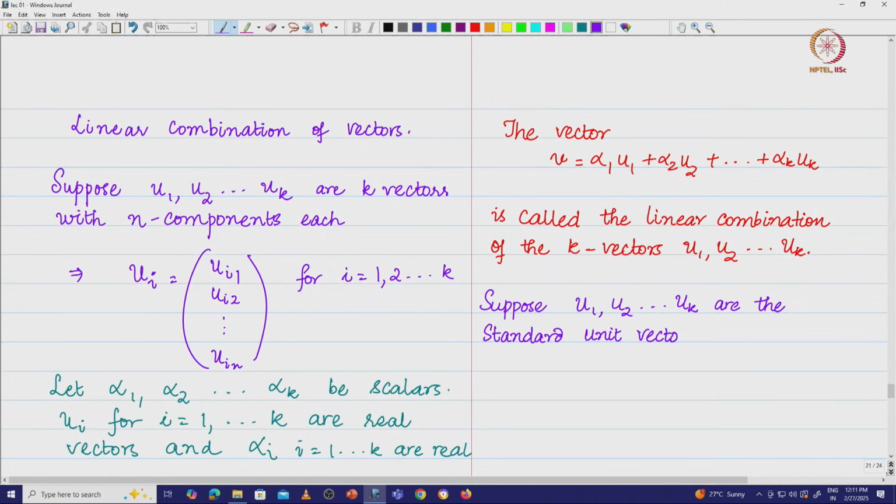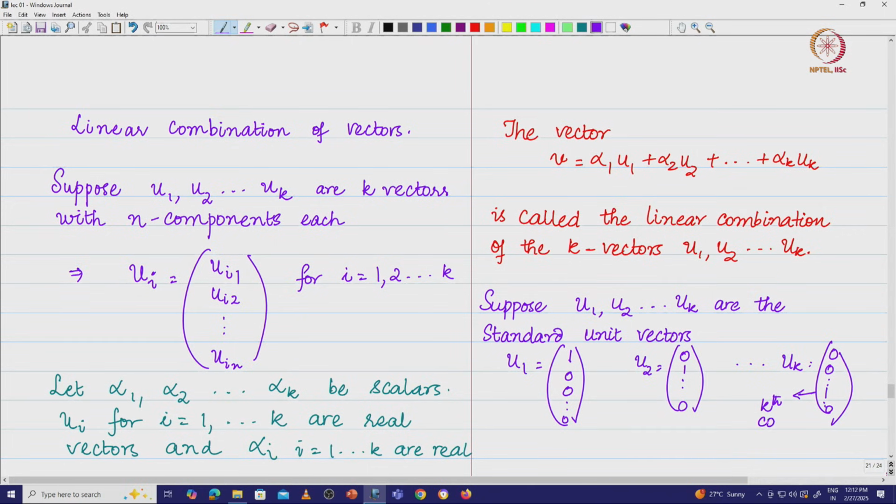That means u 1 takes the value where the first component alone is 1, and the rest of the n minus 1 components are 0. u 2 has the second component alone equal to 1, and the rest of the components are 0, etcetera. u k has the kth component equal to 1 and the rest of the components equal to 0.